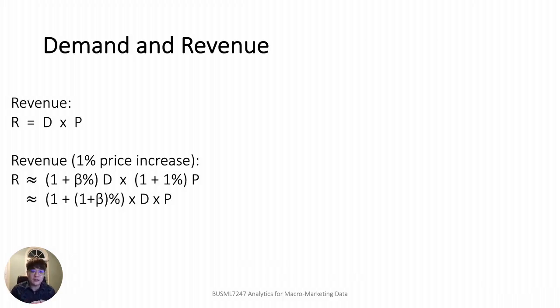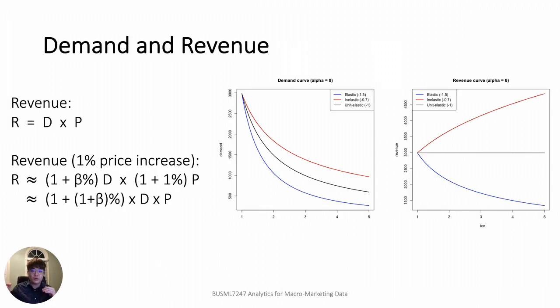Then, let's compute what would happen to revenue with a 1% price change. With a 1% price change, demand changes by beta percent. With simple algebra, we have revenue that changes by 1 plus beta percent. Keeping this in mind, let's look at what would happen. Here are two graphs.